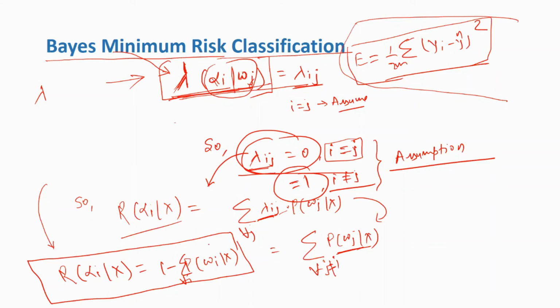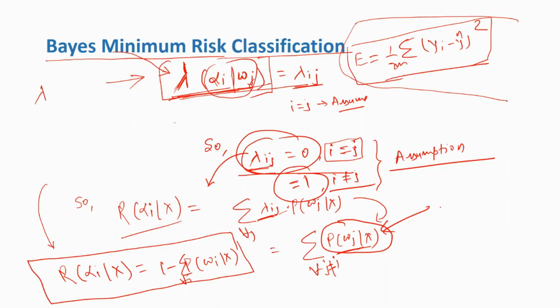Now after that, I am saying that the total risk is given by the probability of omega_j given x. When we are trying to predict any given observation, when we are performing some action alpha_i given some feature vector x, it means we have to classify this x into i. But actually what is happening is we are getting the risk given by the probability of omega_j given x.